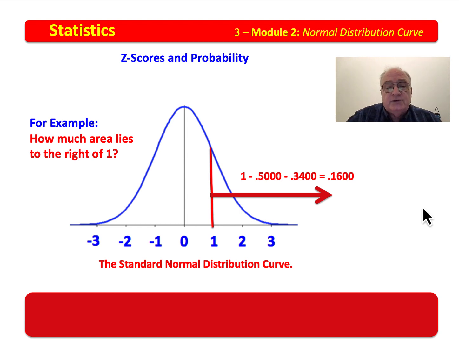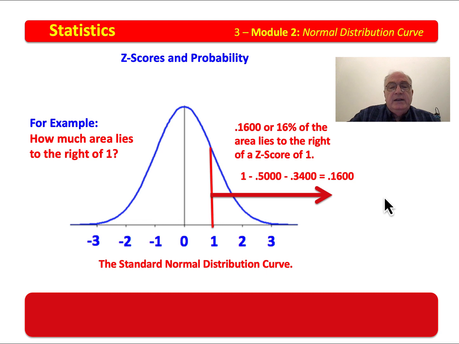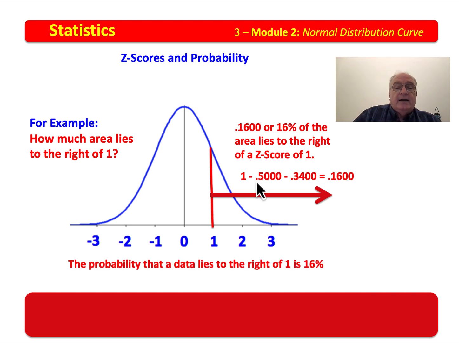Now, there are other ways that we might look at that. We might simply have ignored this entire area and said, okay, there's 50% here. 50 minus 34 is 16%. That means that we have 16% of the data to the right of a z-score of 1. The probability that a random data point lies to the right of 1 is 16%, or 16 out of 100 times a random data point will appear in that range.